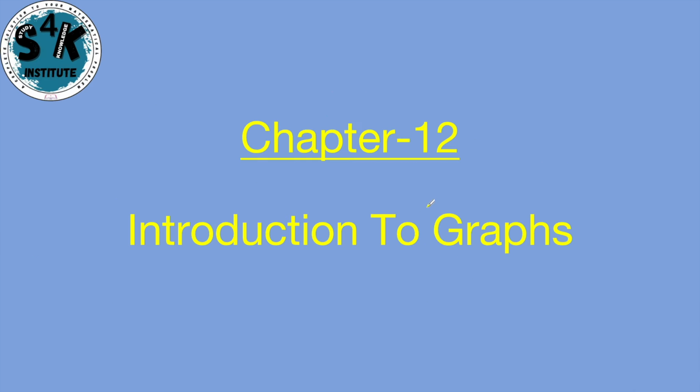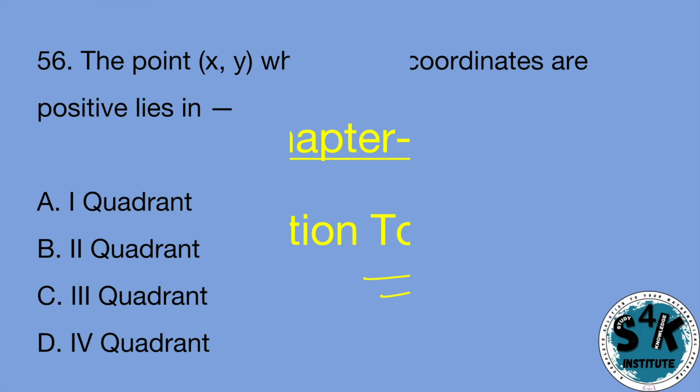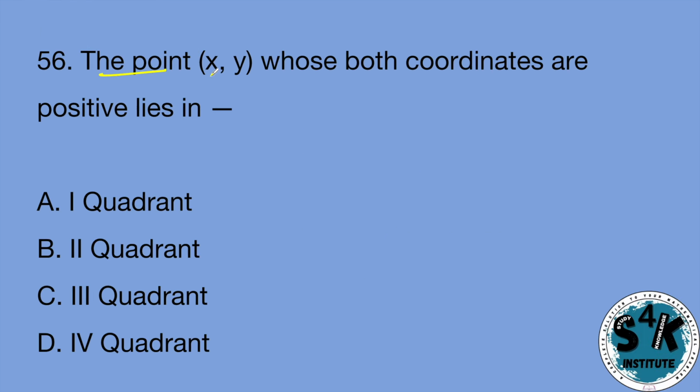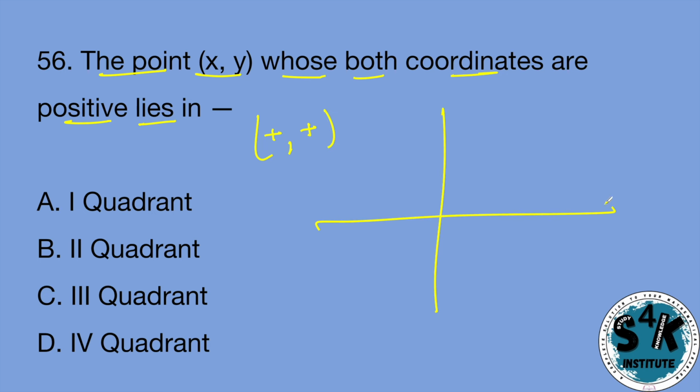Now we have Introduction to Graphs, chapter 12. Let's do this. The point (x, y) where both coordinates are positive lies in. So x is positive, y is also positive. Okay, so positive and positive. This is the x-axis, this is the y-axis, this is the first quadrant, this is the second quadrant, this is the third quadrant, this is the fourth quadrant.